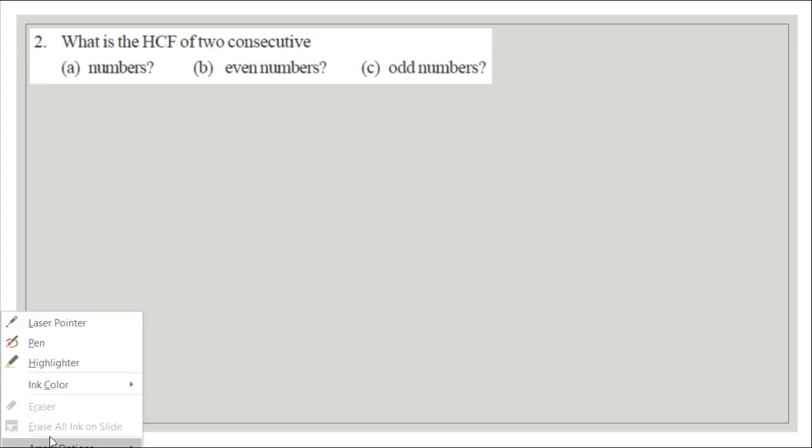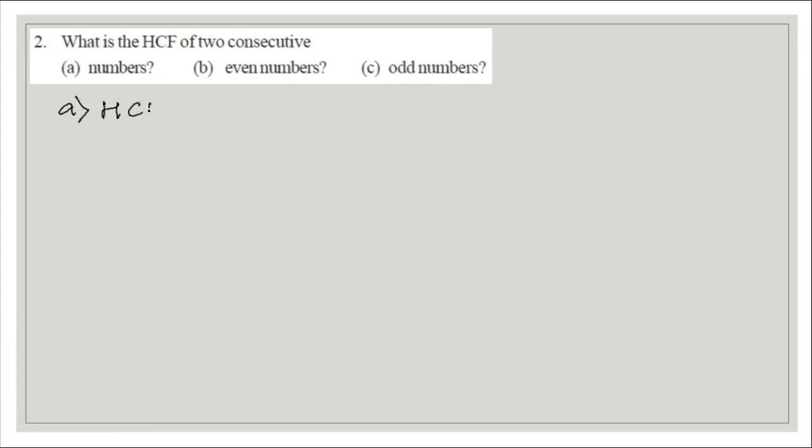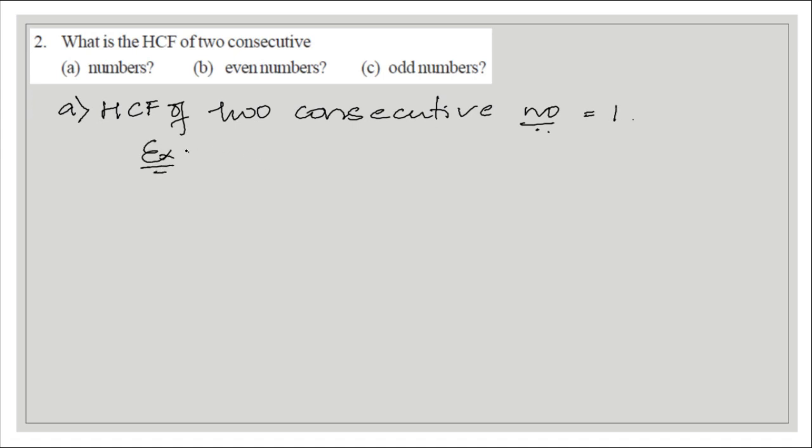What is the highest common factor of two consecutive numbers? The highest common factor of two consecutive numbers is always 1. The reason I'll give with an example.